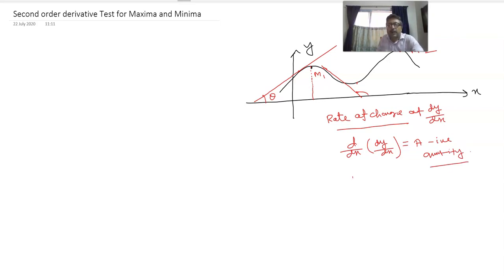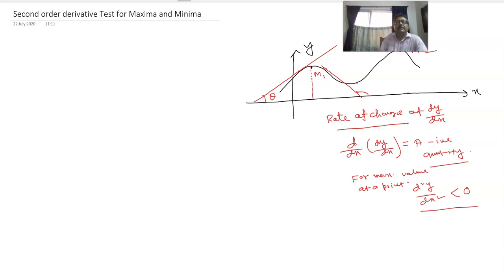So for maximum value at a point, d square y by dx square, I mean rate of change of first order derivative, has to be less than 0. Okay, this we should remember.